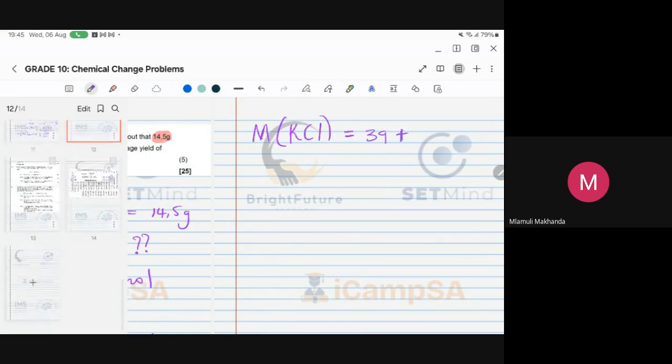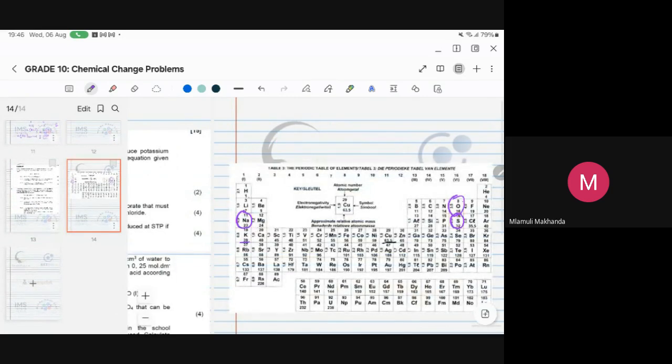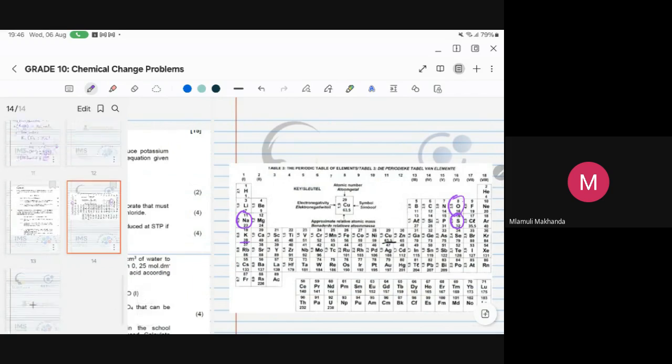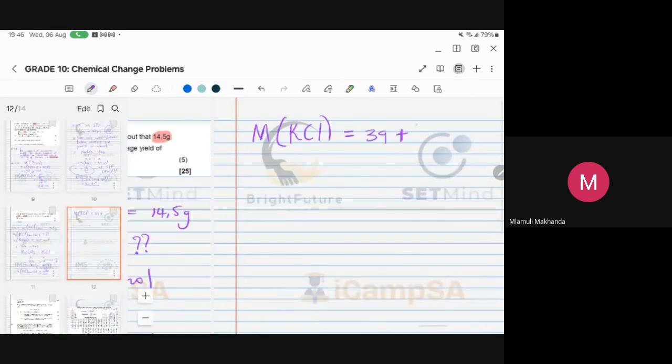Chlorine should be around 35. Let's check. Yes, 35.5 is chlorine. Therefore, 35.5 plus 39 is about 74.5 grams per mole.